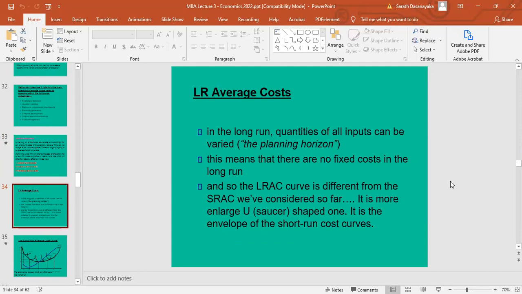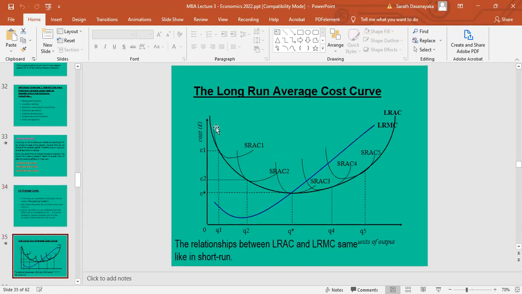It is the envelope of the short run cost curves. That means the long run is going to be a collection of short run cost curves. Then you see this one. The long run average cost curve, what we call the LRAC curve, is made of SRAC1, SRAC2, 3, 4, up to 5, 6, then up to n you can say.